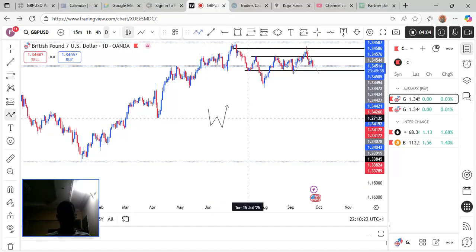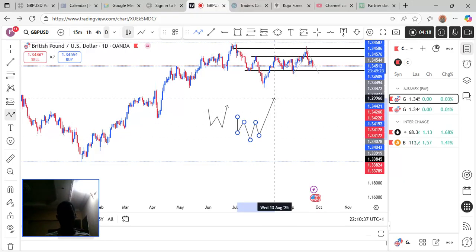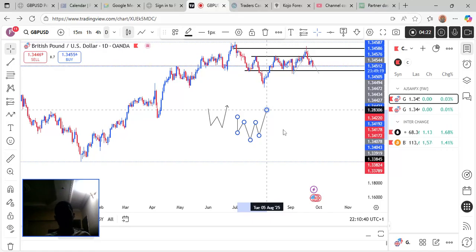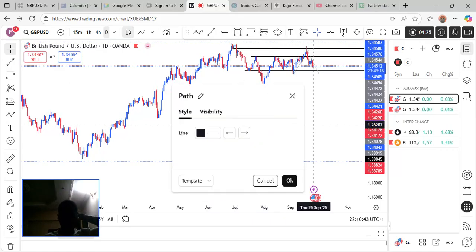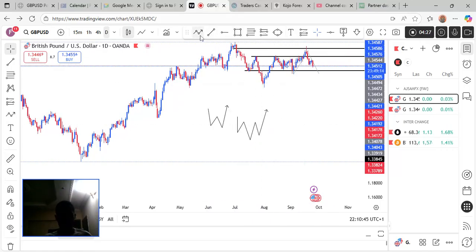You want to also focus on the inverse head and shoulder pattern, like this. And you want to also focus on the third one, which is convergence, like this.